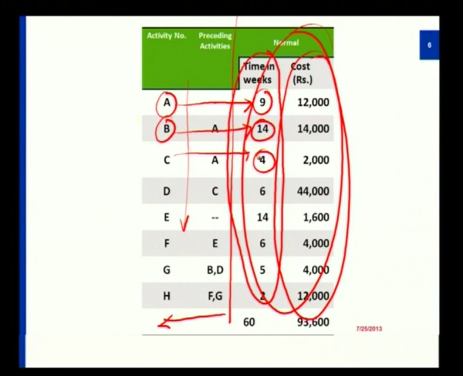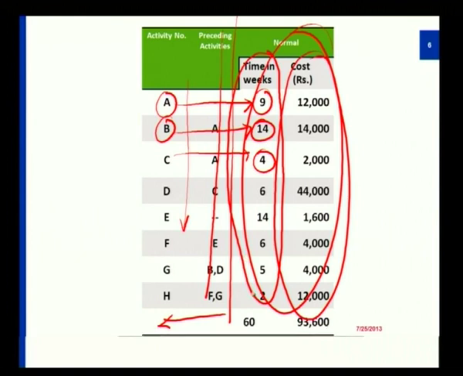Now you can forget about the preceding activity column. What I have indicated in this table is just this: you can assume only these two columns. A takes 9 weeks, B takes 14 weeks, C takes 4, D takes 6, E takes 14, F takes 6, G takes 5, H takes 2.